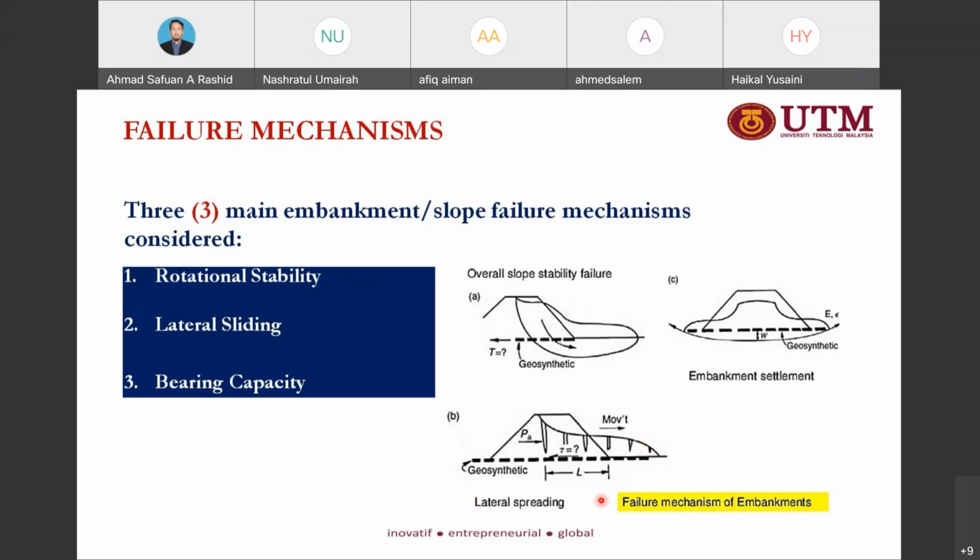And there is a bearing capacity. So we need to determine the value for each failure mechanism in order to make sure that the embankment is safe to be used.